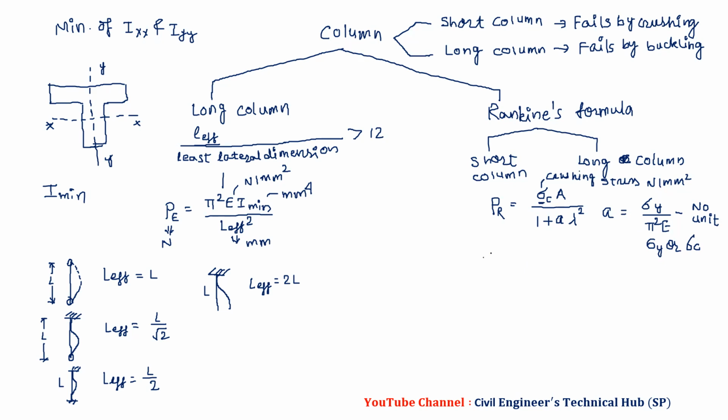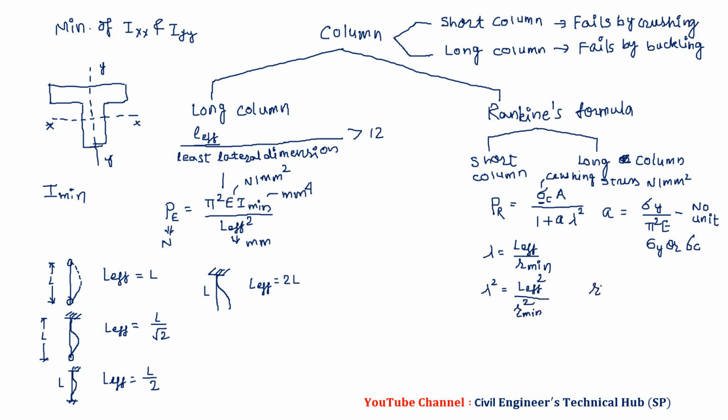And then lambda, we have lambda equal to L effective upon R minimum. And lambda square, we have L effective square divided by R minimum square.